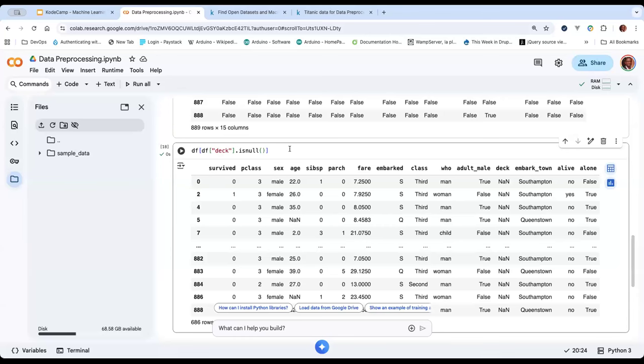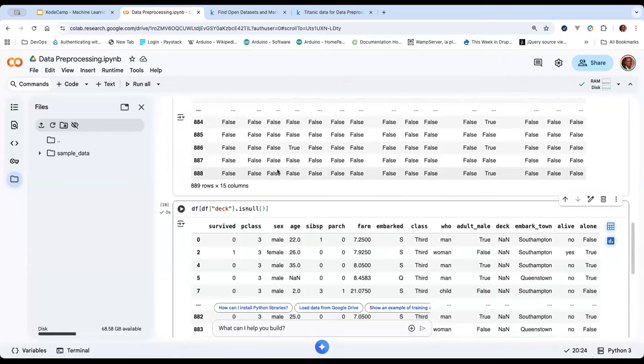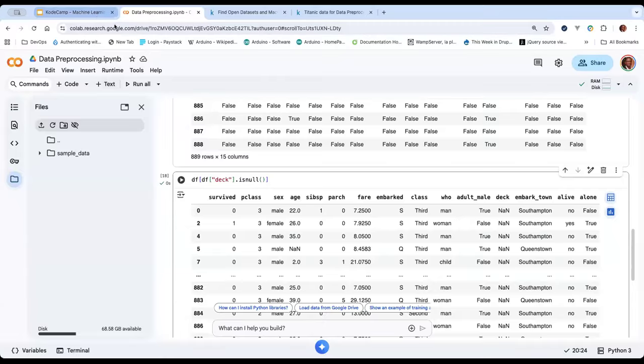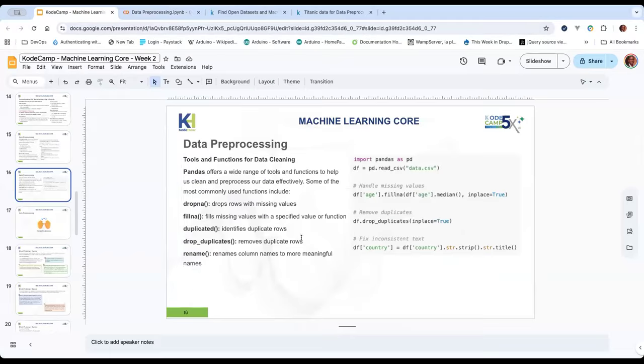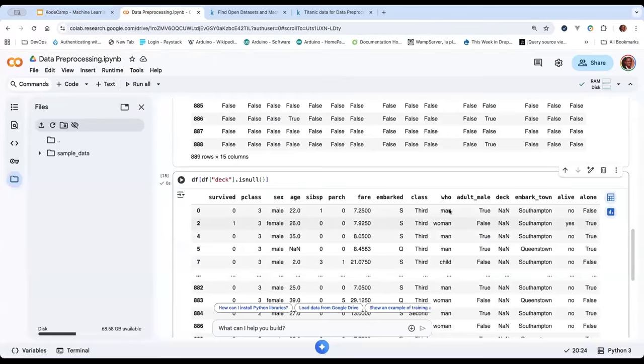Now, because of time constraint, this class is not really about pandas or data cleaning with pandas. So we have a separate class for that. For those who have done that class, they probably are very happy that they did that class. But some of the things you will do now is for this deck, you could say, okay, I want to remove the ones that don't have any value for deck.